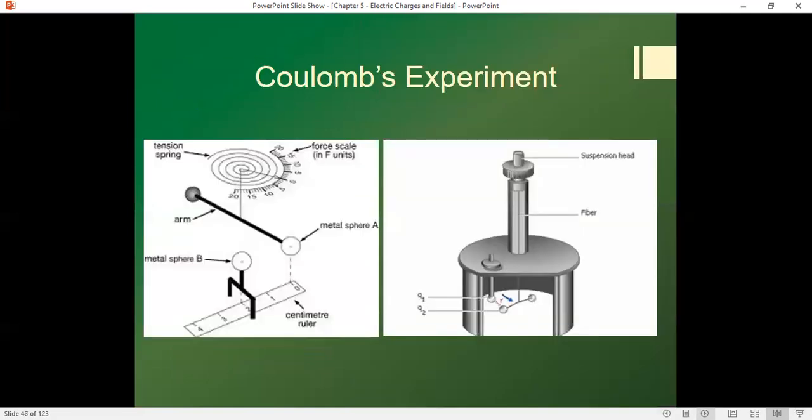And here's another view of how that would be set up. You have Q1, which would be a charge introduced through this rod right here. You had Q2, the charge on this dumbbell right here, which was then suspended by this fiber. You could take the torsional force on the twisting wire and convert that into a force on some sort of scale.